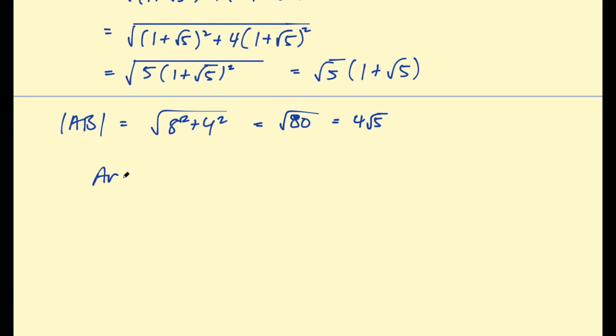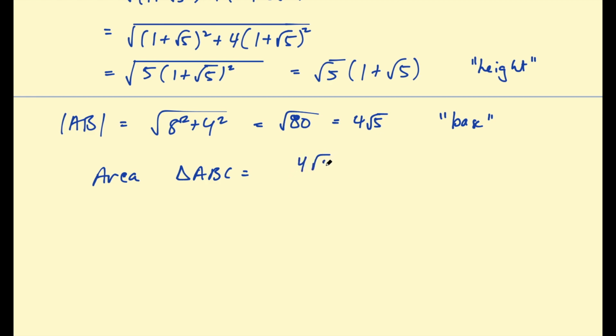And then the area of ABC, think of this as the height. This is the base. So we just want to do base times height divided by 2. So let's write area of triangle ABC equals 4 root 5 multiplied by root 5 times 1 plus root 5 over 2.